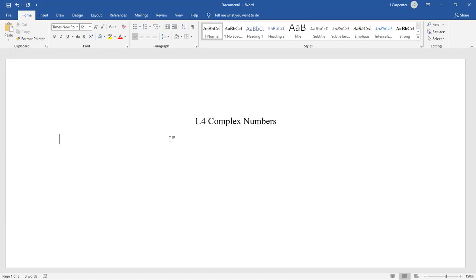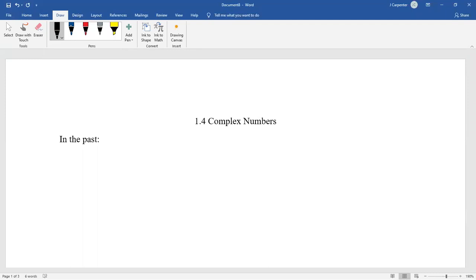But what we're getting into is the idea that in the past, if you had, say, the square root of 4, you'd say that was equal to 2. But if you had the square root of -4, you may have said it does not exist, or you may have said it's not real.